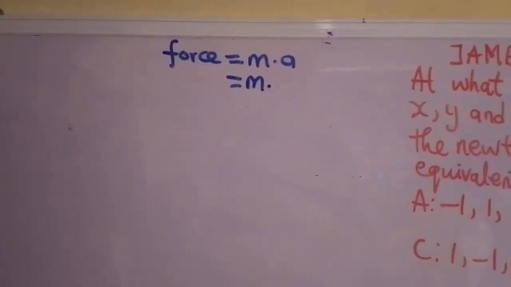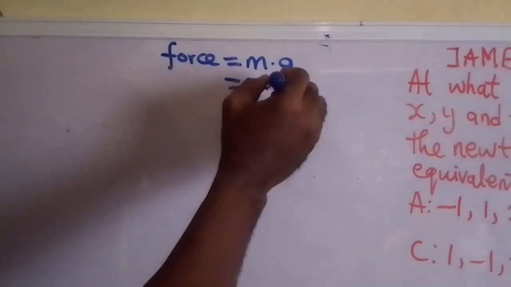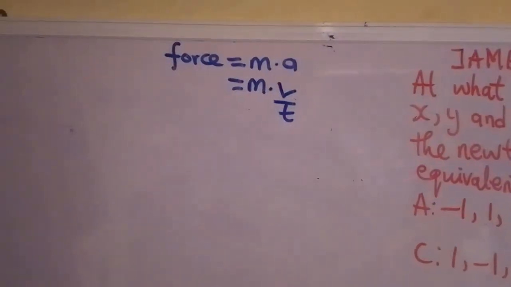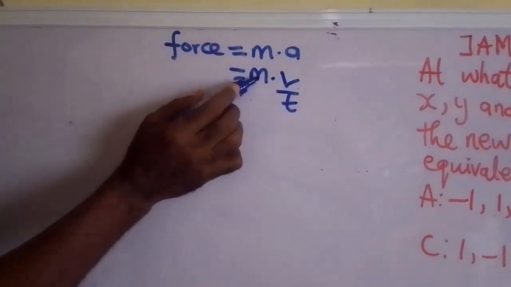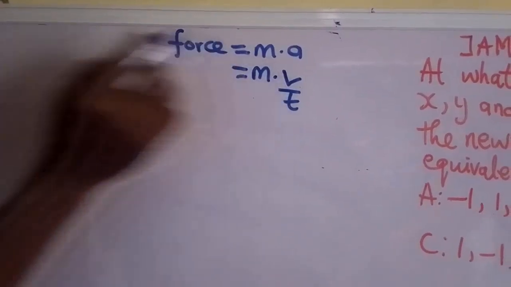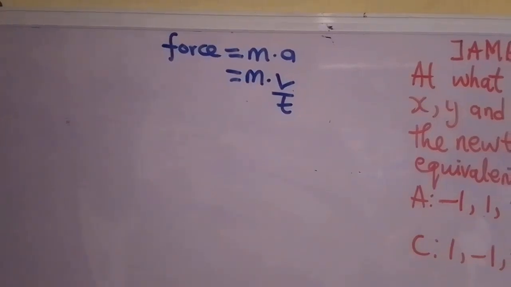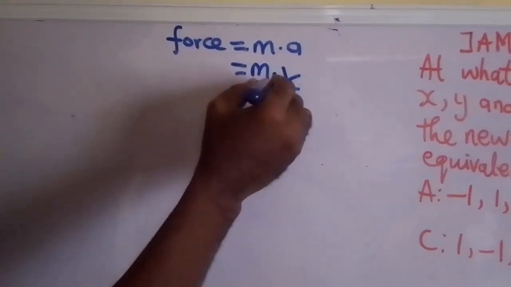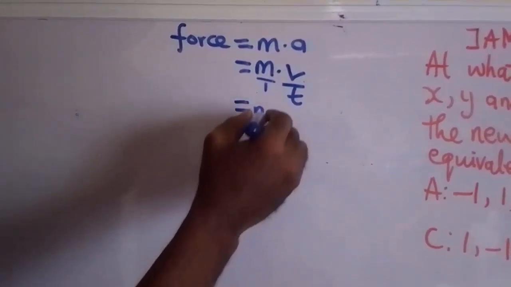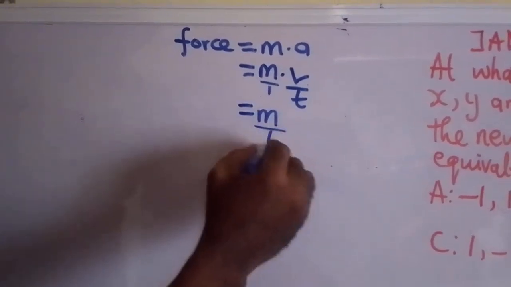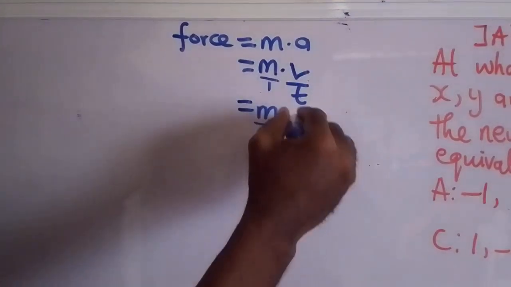What is the formula for acceleration? Velocity over time. Now, mass is a basic quantity, time is a basic quantity, but velocity is still a derived quantity. So we still need one more step. So what I'm going to do now is this T, I'll bring it under M. Then I'll have V alone.